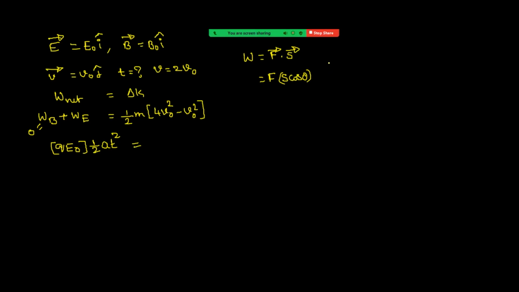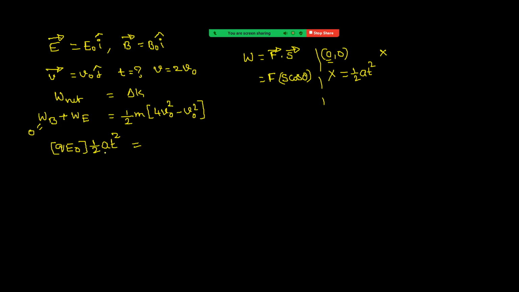Therefore x, initially it was at origin, right? Now we are focusing only on displacement along the electric field, meaning along x-axis. Suppose now it is x. Initially x is 0, now it is x. That means x value is half a t square. This is the component of displacement along the field, or you can say along the force.